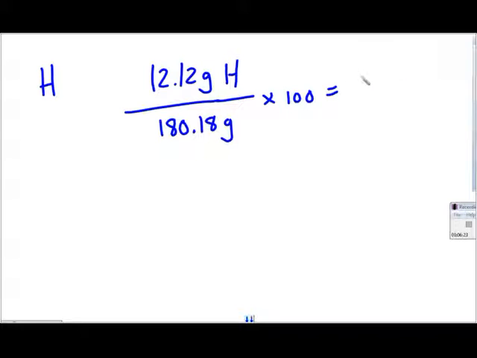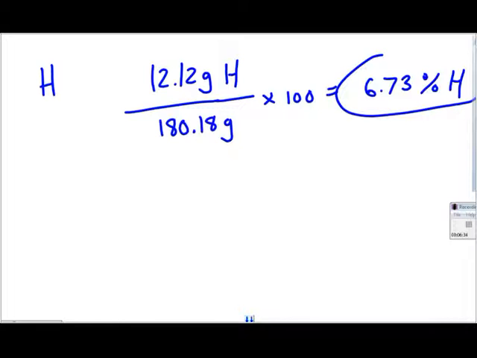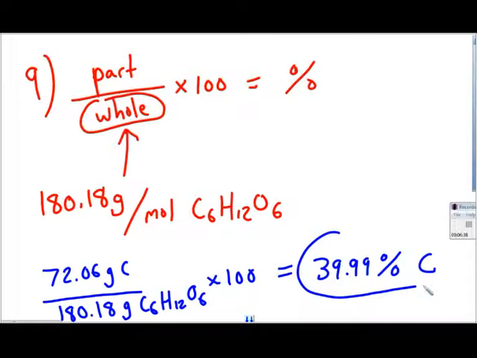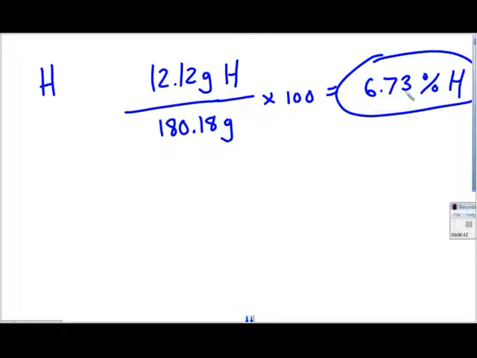Times it by 100 after I divide it, and I find out my hydrogen makes up 6.73%. That's my second answer. So far, carbon is 39.99%, hydrogen 6.73%.